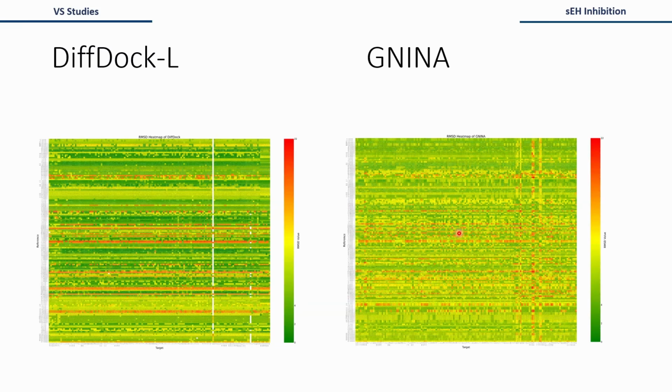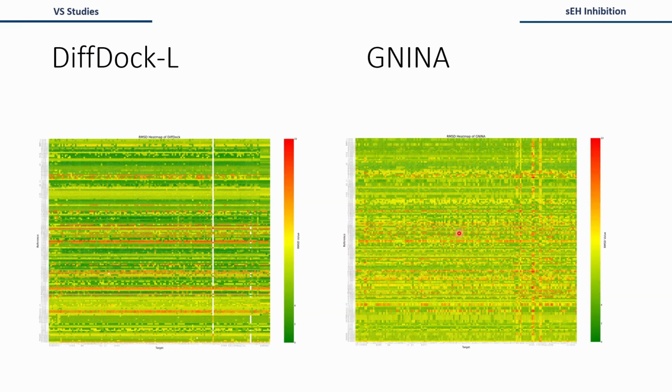The results were good, but we were not sure if these good results were coming from memorization. But we stressed it, and we saw that most of the good results were not included in the training stage, and some of them were chemically very distinct. So we felt that we could use both solutions in a virtual screening campaign.